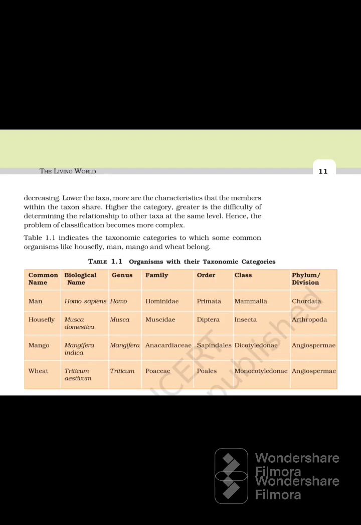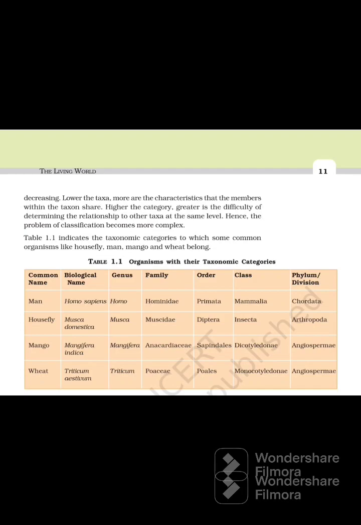Table 1.1 indicates the taxonomic categories to which some common organisms like housefly, man, mango, and wheat belong. Table 1.1 Organisms with their taxonomic categories. The headings are: first, common name; second, biological name; third, genus; fourth, family; fifth, order; sixth, class; and seventh, phylum or division.